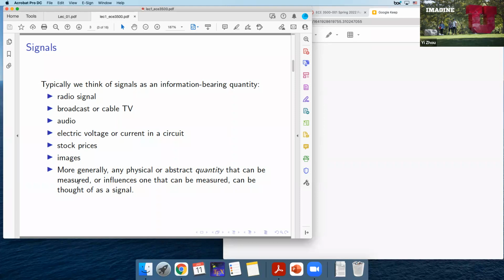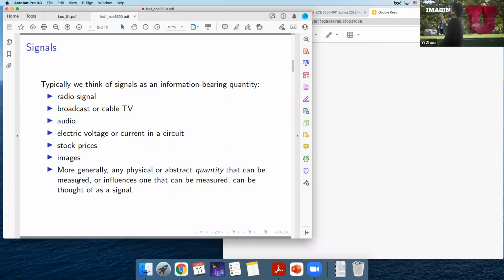They carry some information. Looking at these examples, we have radio signals, which can be decoded into audio signals, and then you can hear the sounds.